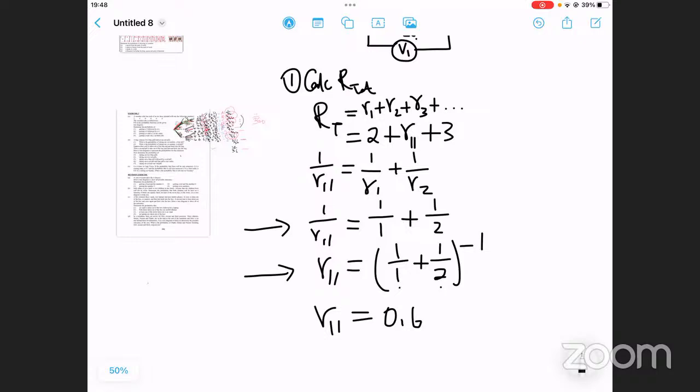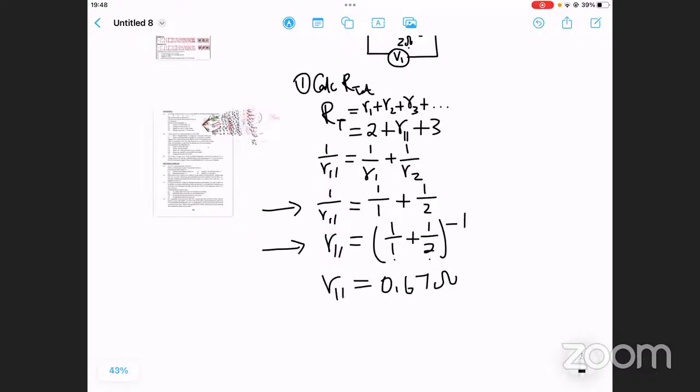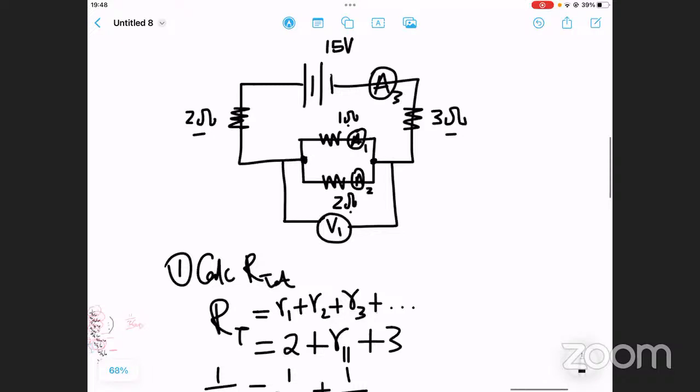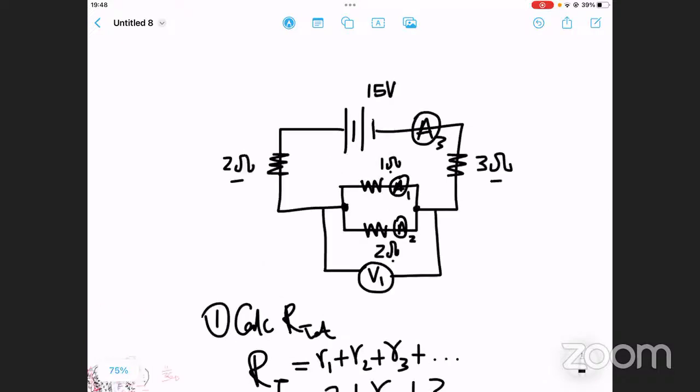Now you can continue on that formula where you said 2, you must plus it with the parallel connection, which you've just calculated, and you must plus it with 3. Trust me, it will give you 5.67 ohms, rounded, as far as R total is concerned.